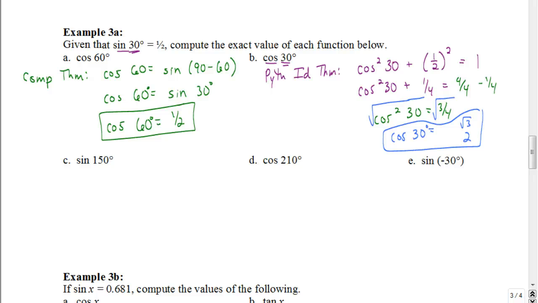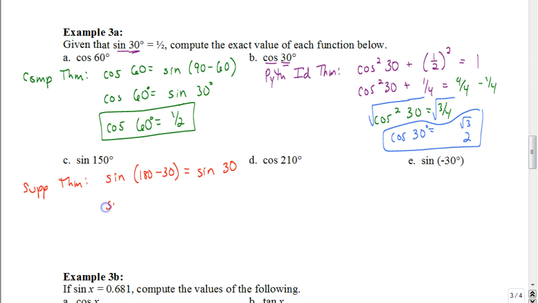Okay, let's look at sine of 150 degrees. Now this one is more than 90 degrees, so I'm not going to use the complements theorem. It's closer to 180 degrees though, so I can use the supplements theorem. So the supplements theorem says the sine of 180 minus theta is equal to the sine of theta, which in this case would be the sine of 30.